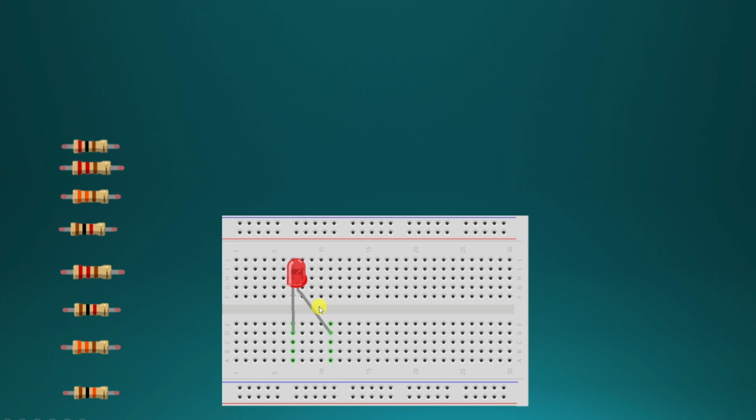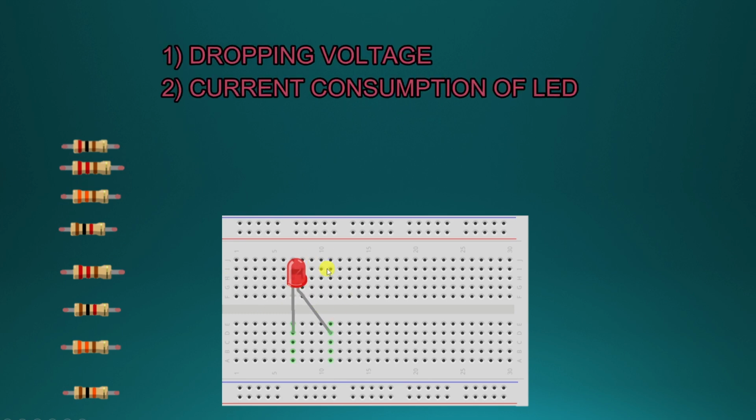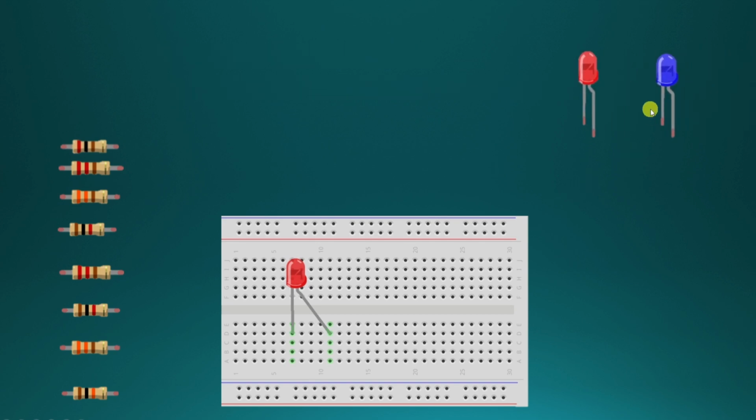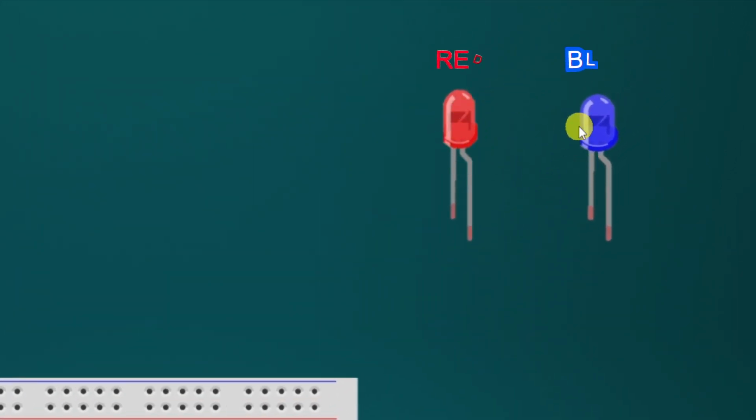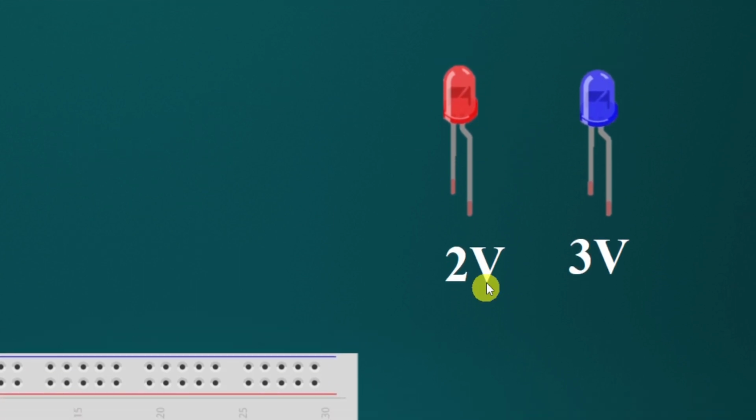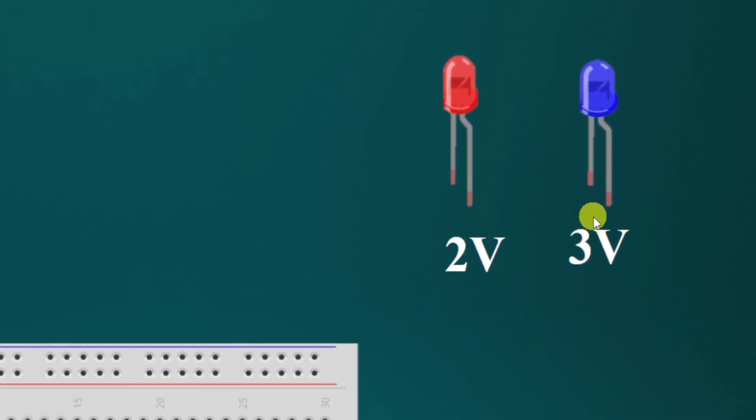That will depend upon two factors: the dropping voltage across the LED and the current consumption of the LED. The dropping voltage will depend upon the color of the LED, either red or blue, as well as the size of the LED. For a red LED it's 2 volts, whereas for a blue LED it's 3 volts.